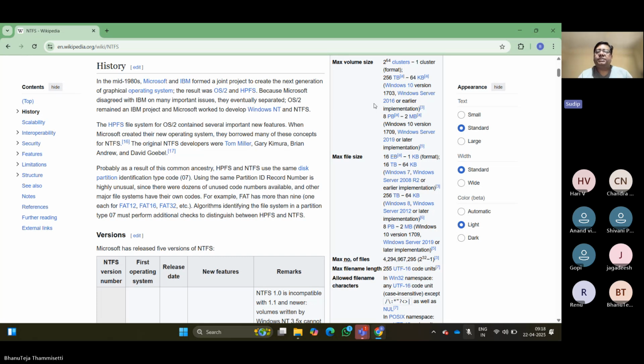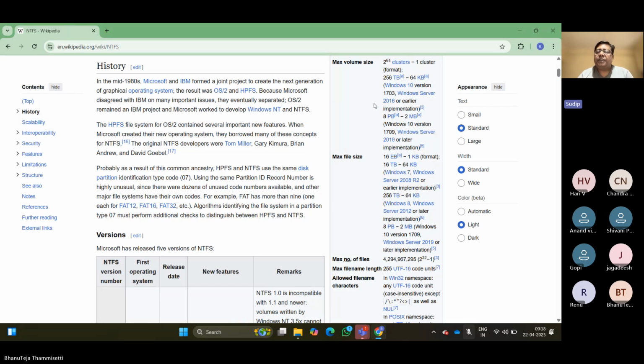As you can see, it is clearly mentioned. The minimum size is 64 KB, but the maximum size is 256 terabytes. And that max size also depends upon which version of the operating system you are using on your laptop or your server. It clearly says, if it is Windows 10 version so and so, or Windows Server 2016 or so and so.